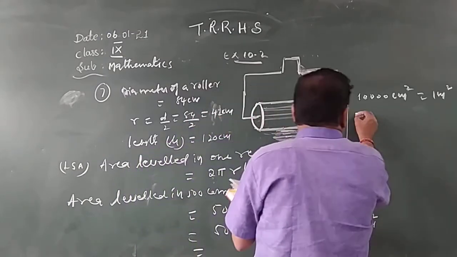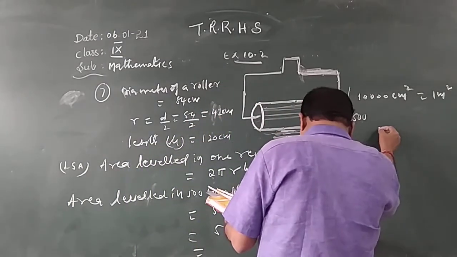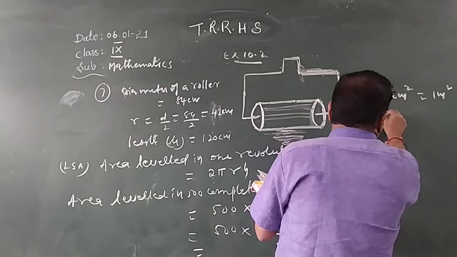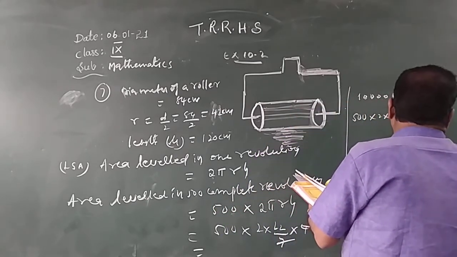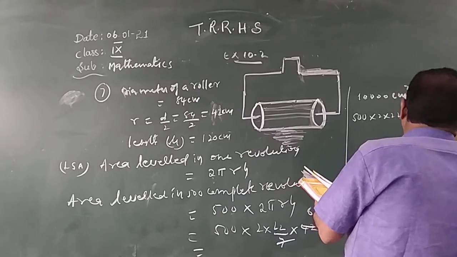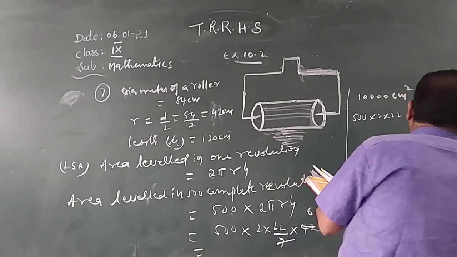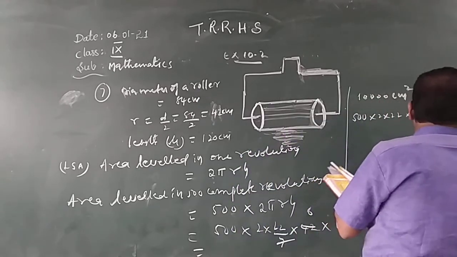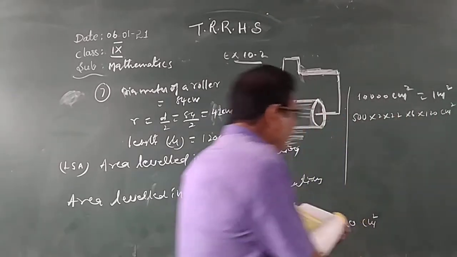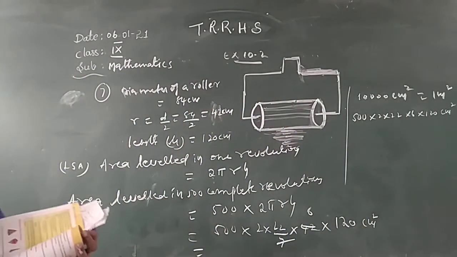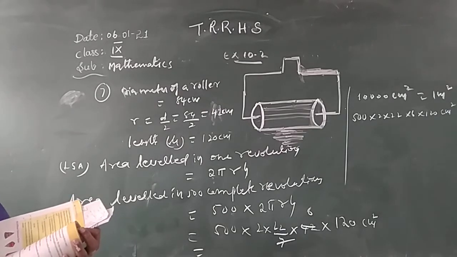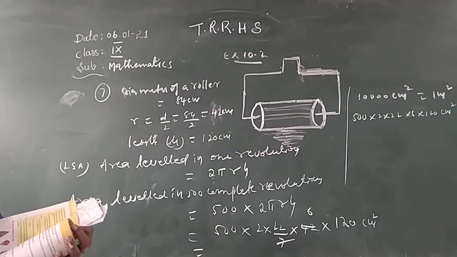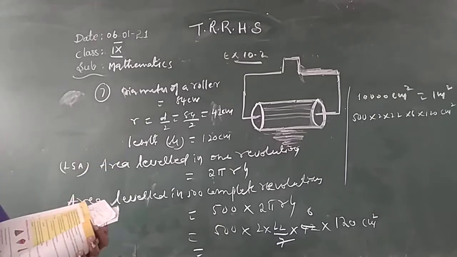This is 500 into 2 into 22 into 6 into 120 square centimeters. How many square meters? Change these square centimeters into square meters. 1 square meter is 100 into 100, 10,000 square centimeters.